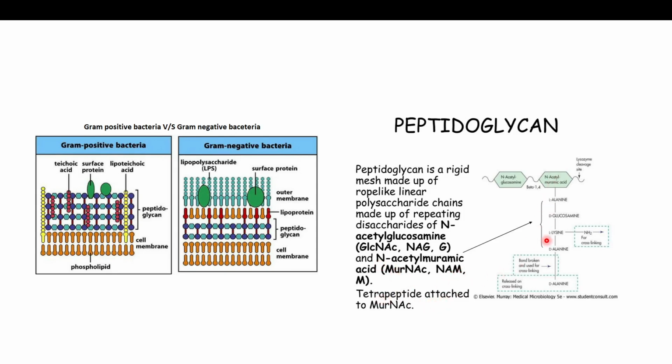And then there's branching, which we see here. All these branches lead to cross-linking, which leads to a very thick mesh of peptidoglycan layer and a thicker cell wall in gram-positive bacteria.